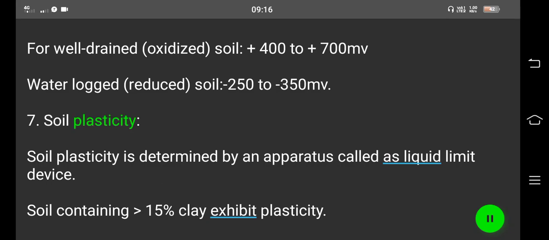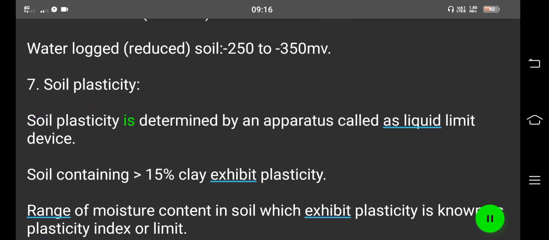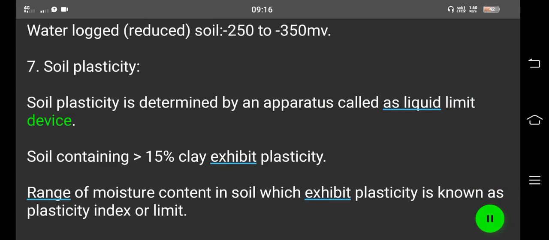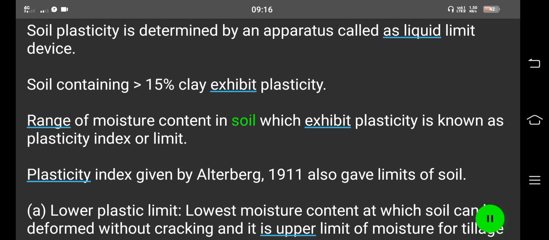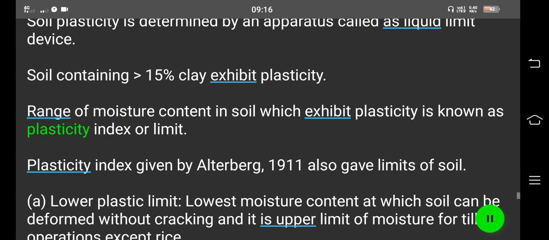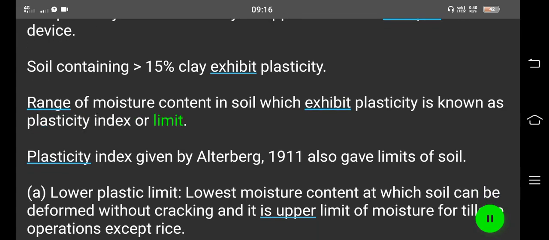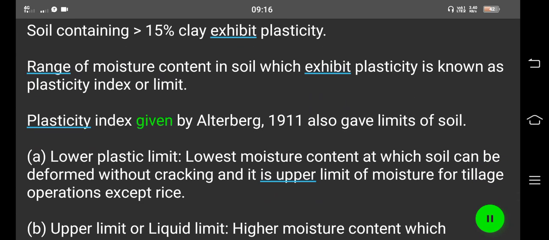7. Soil plasticity. Soil plasticity is determined by an apparatus called liquid limit device. Soil containing greater than 15% clay exhibits plasticity. The range of moisture content in soil which exhibits plasticity is known as plasticity index or limit. Plasticity index was given by Atterberg, 1911, who also gave limits of soil.